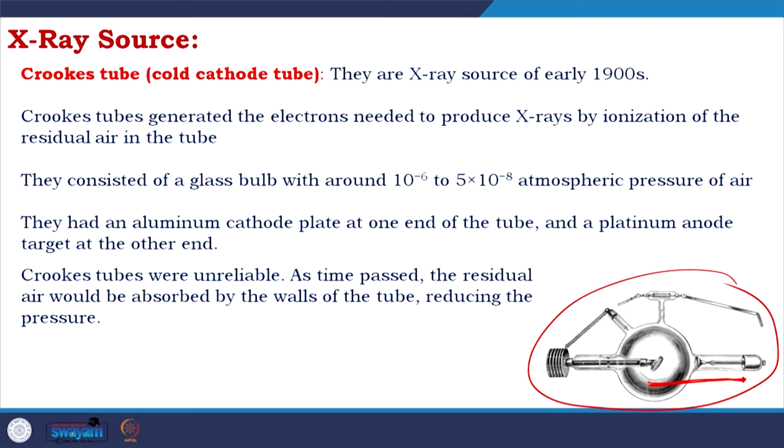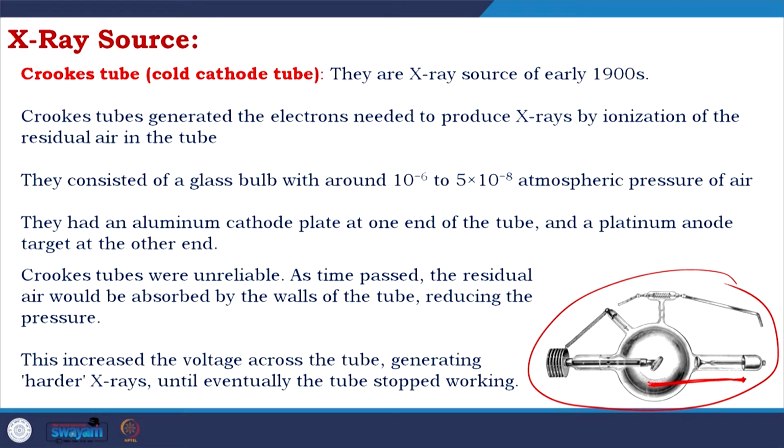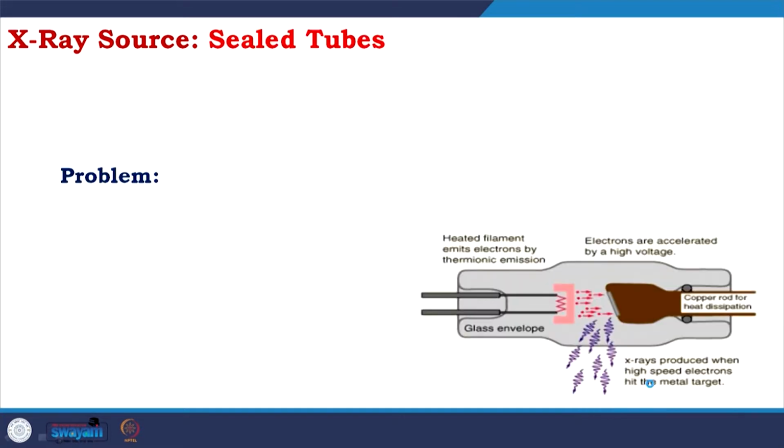So, the pressure would be reduced, and this reduced pressure would result in the increase of voltage across the tube that generates harder X-rays, and eventually with time the tube stopped working. So, that is why it was not a good system to continue with.